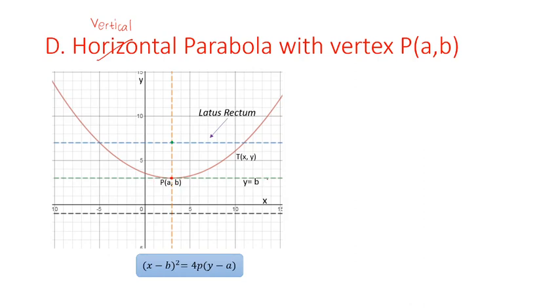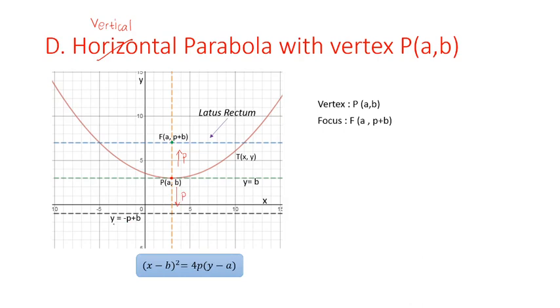Then for the focus, it goes up p units, so it changes the position of y. The a is still the same as the vertex, but b is added by p, so it is (a, p plus b). And then y equals minus p plus b is the directrix line equation, since it goes down p units, minus p, and then added by b.